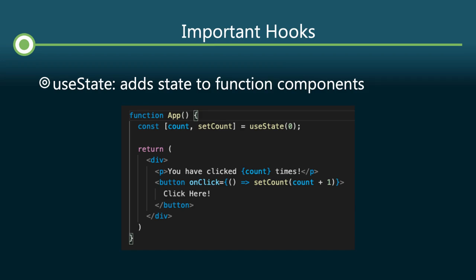So with this, we are able to then have this div returned where the count variable is used, saying you have clicked count times. And then when the button is clicked, onClick, setCount is called. React understands that it is a function here, and it increments the count plus 1, whatever the count is at the current time.